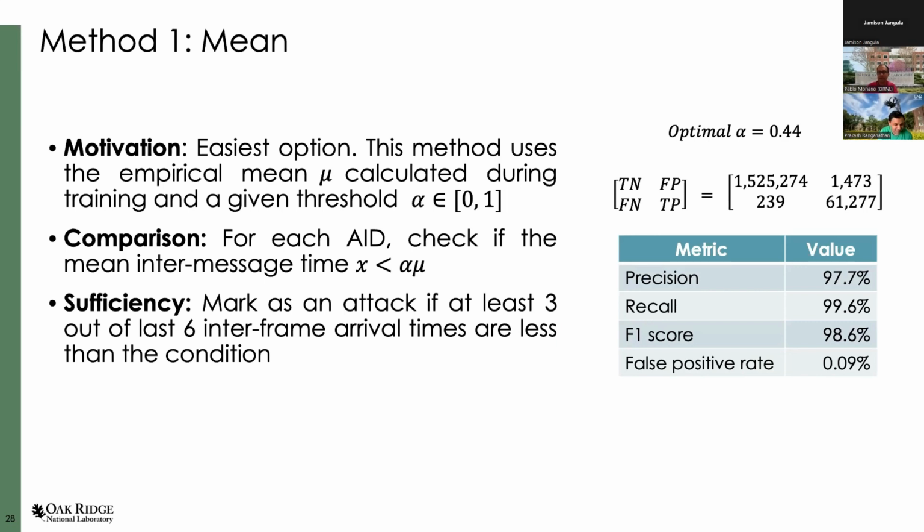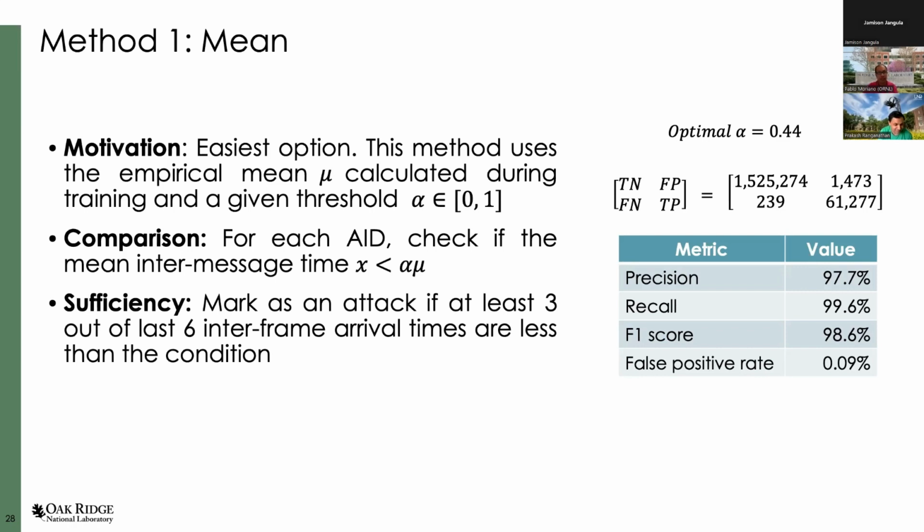So that's the function of alpha in this simple model. And we mark an attack if at least 3 out of the 6 inter-frame arrival times are less than this condition. So with this very simple approach, just measuring the inter-arrival time mean, we found these results on this type of attacks.